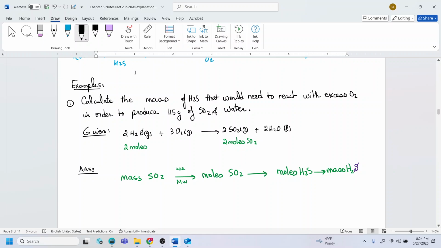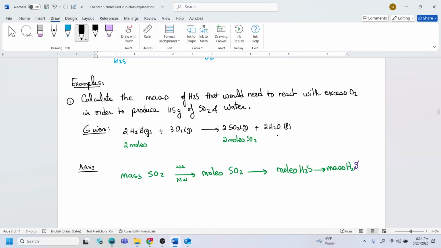Just make sure to balance the equation. Start with the sulfur, make sure that the sulfur is balanced, then go with the hydrogens and finally the oxygen. And we're going to end up having, for every 2 moles of hydrogen sulfide, we're reacting it with 3 moles of oxygen. We're going to form 2 moles of sulfur dioxide and 2 moles of water.